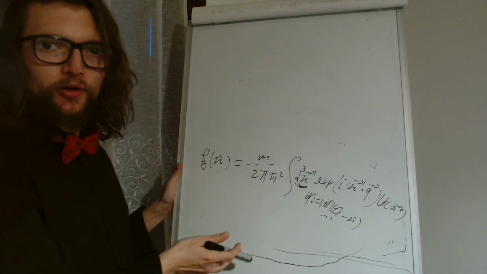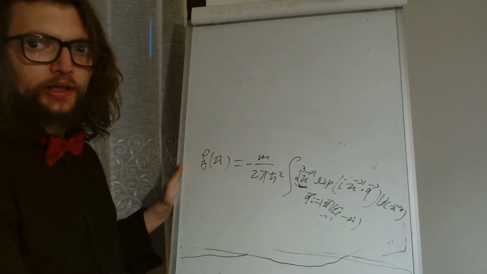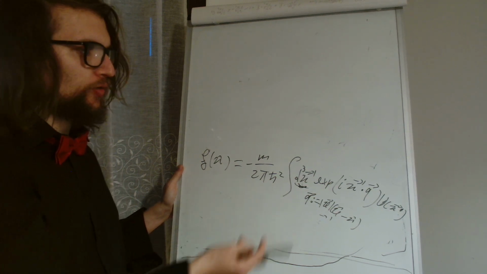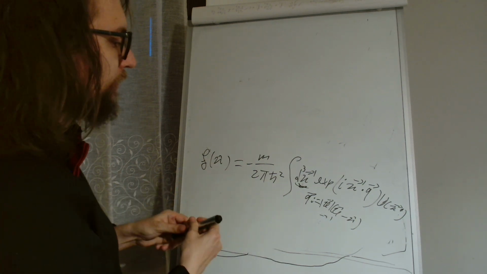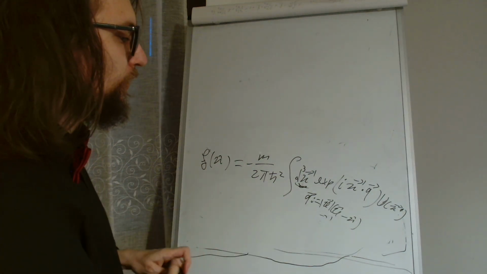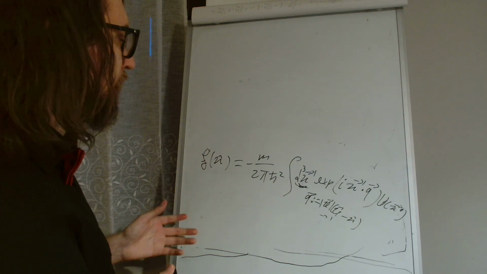Now the Born approximation is mostly used when you have a central potential, because in that case we can find a very simplified form for this integral.